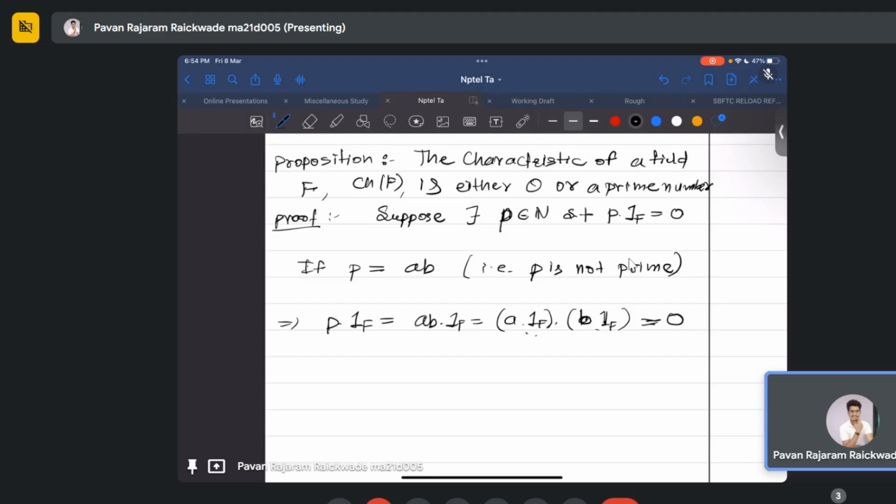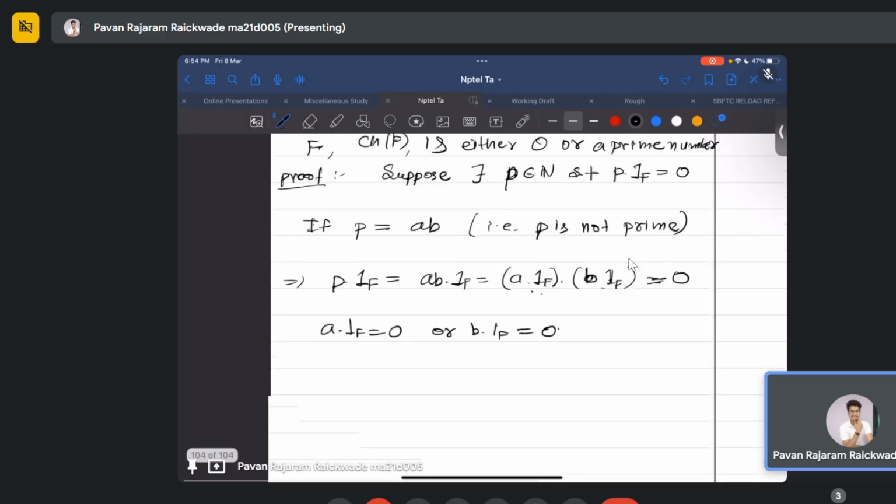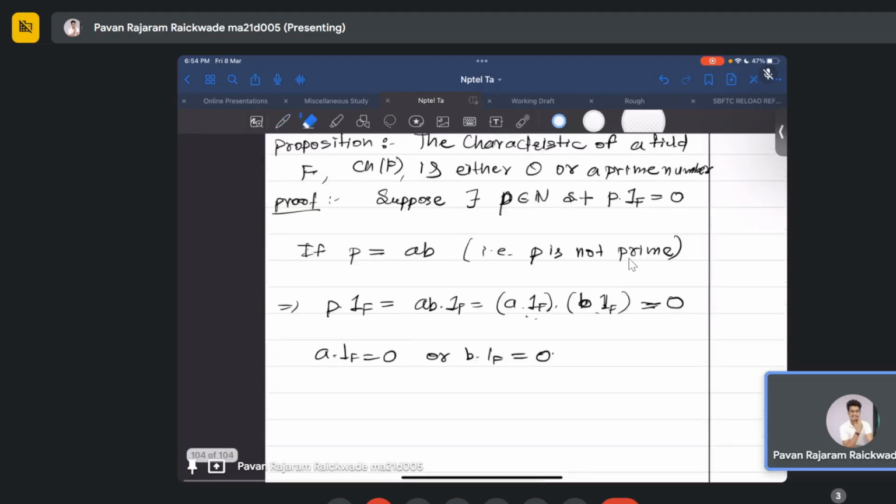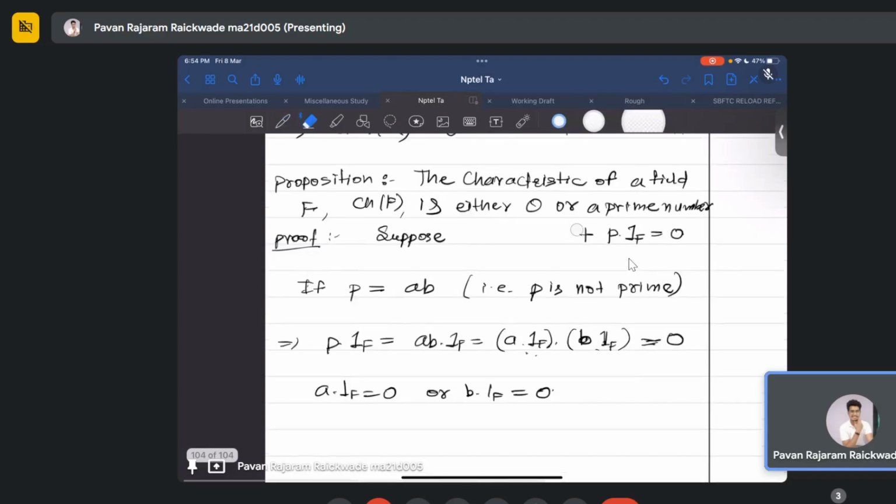The product is 0 only if one of the elements is 0, right? So you have either this is 0 or that is 0. But then this is a contradiction, right? So what I started with, finite.